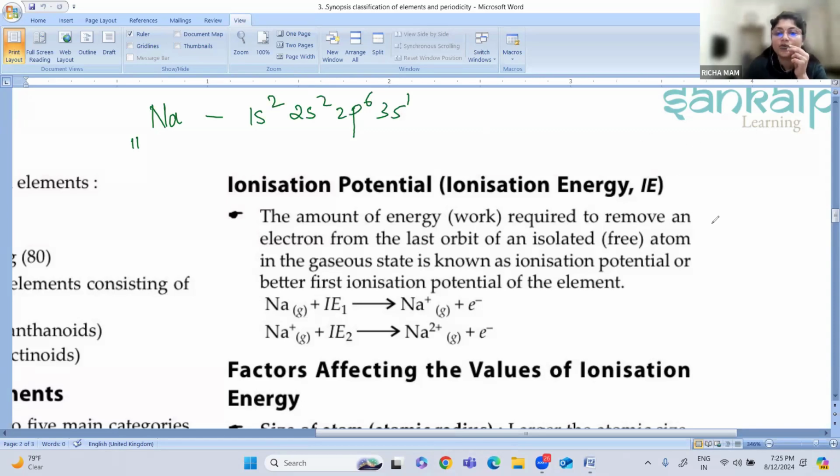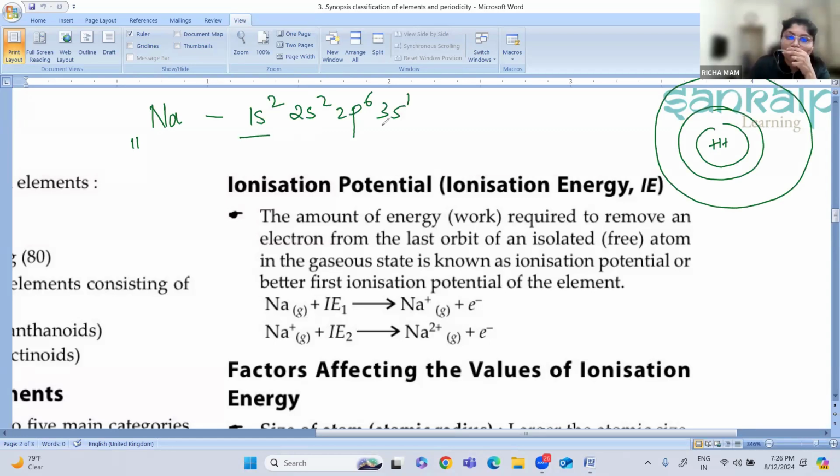Now suppose I am writing the electron distribution. In the center, you have your nucleus.